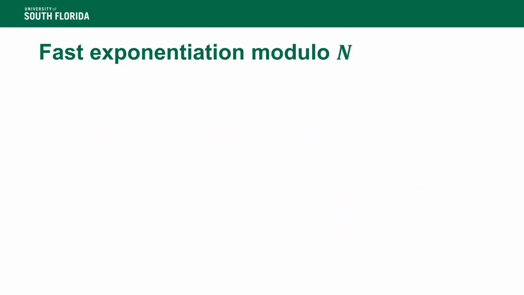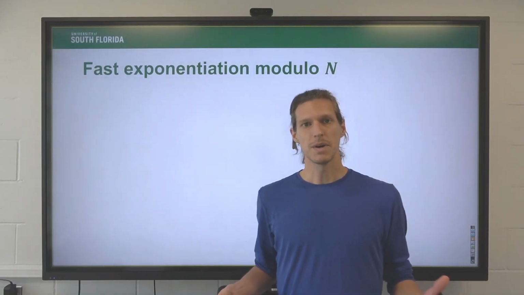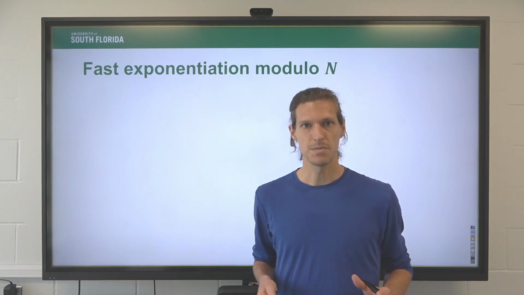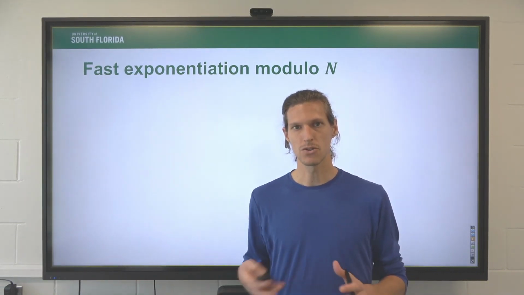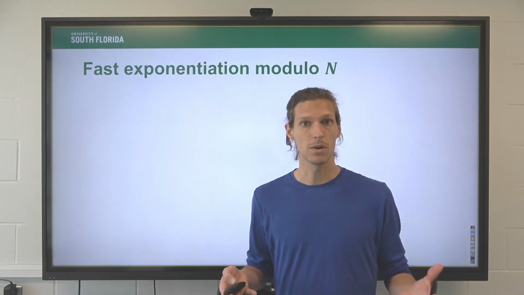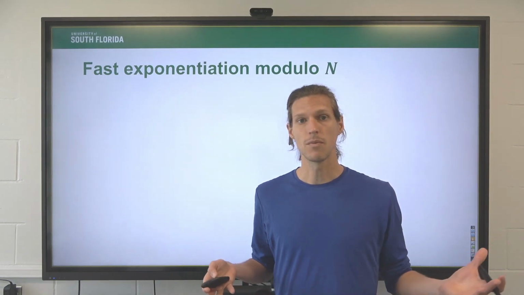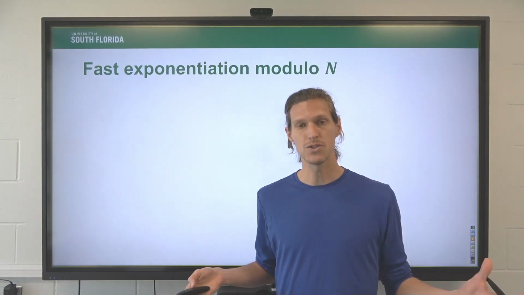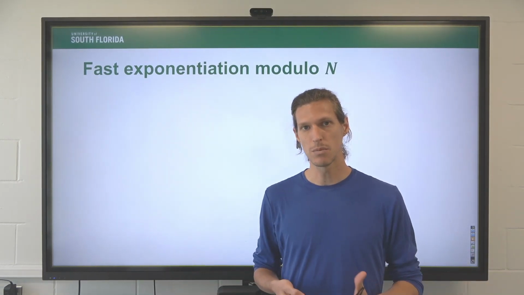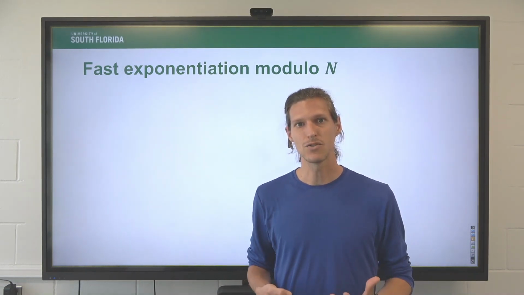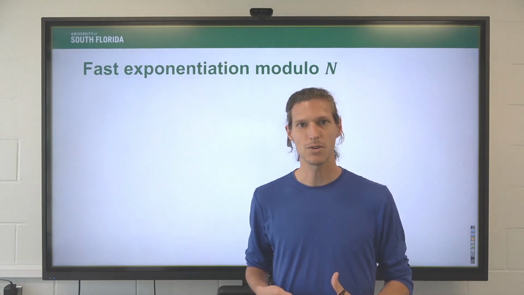Now, one of the very important arithmetic operations that we're going to need inside of Shor's algorithm is exponentiation. It derives from the fact that, for example, the RSA crypto system requires you to exponentiate large numbers. And this is also something that happens inside of Shor's algorithm to break the RSA crypto systems.